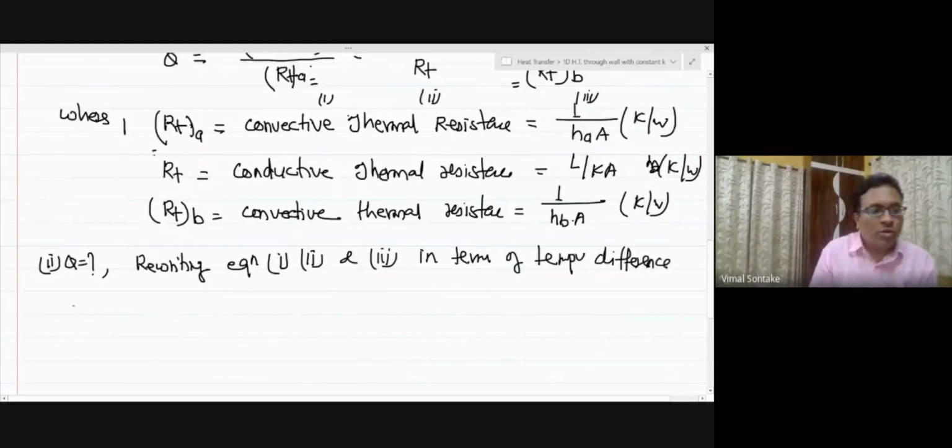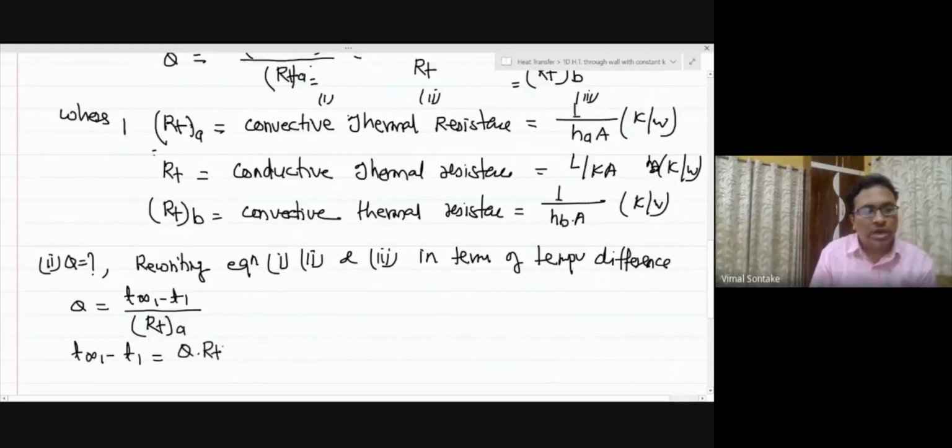So Q is equal to T infinity 1 minus T1 over RTA. So in terms of temperature difference, T infinity 1 minus T1 will be equal to Q into RTA. Similarly, equation 2 can be rewritten as T1 minus T2 over RT.